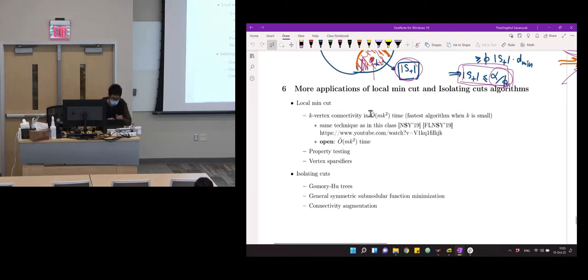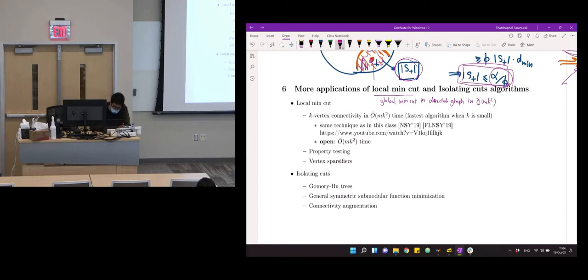For local min cut we have seen an application of computing global min cut in directed graphs this time.